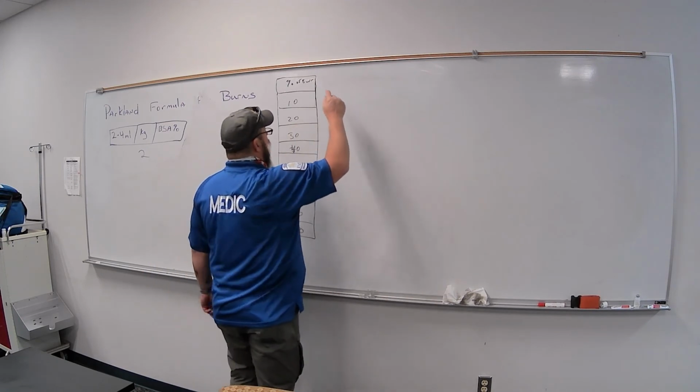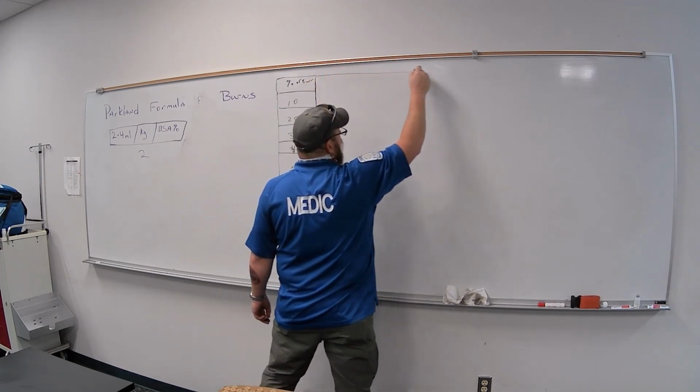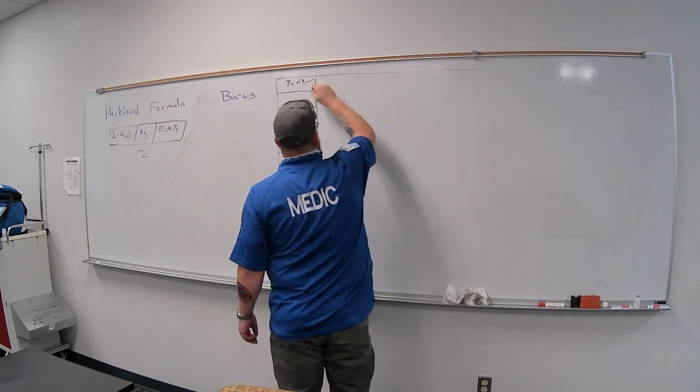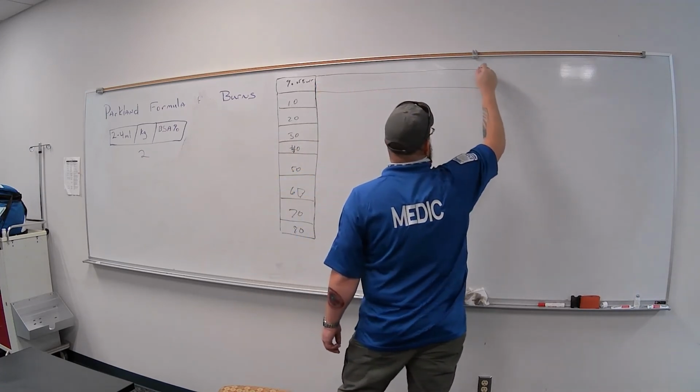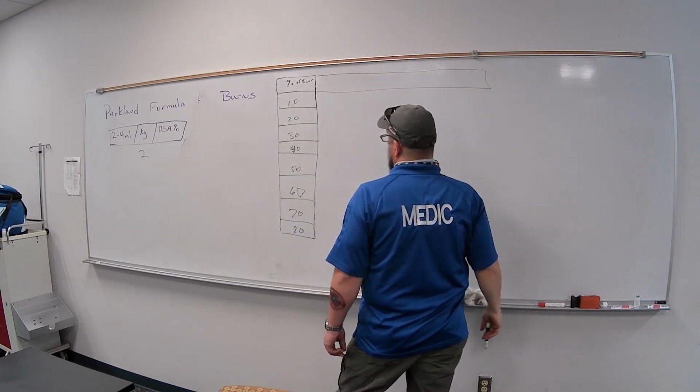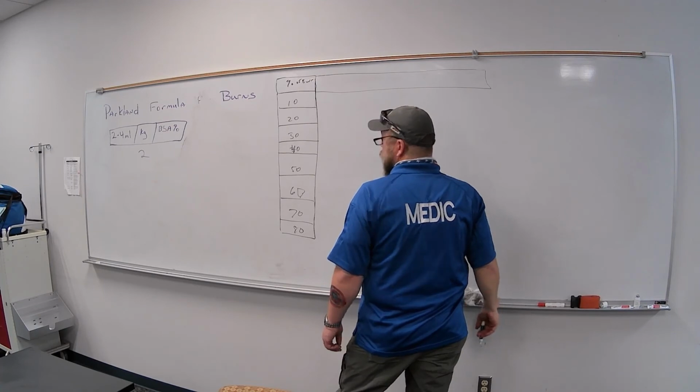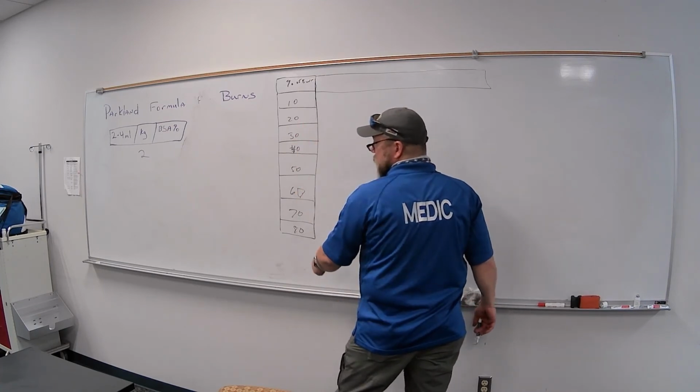Alright, what's the next column? Weight. It's not down, it's just weight across, so kilograms. You have to have two axes in order to have a table.